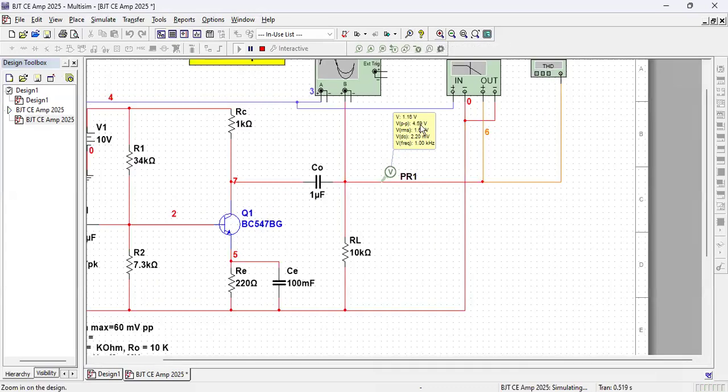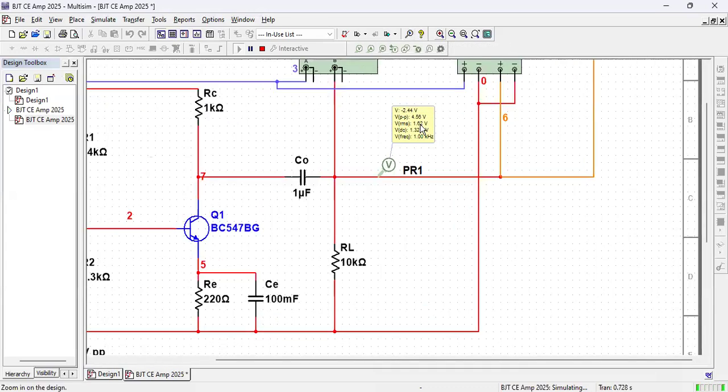I shall zoom in. Output shows voltage peak to peak at 4.54 volt. Output voltage 4.54 volt, right?